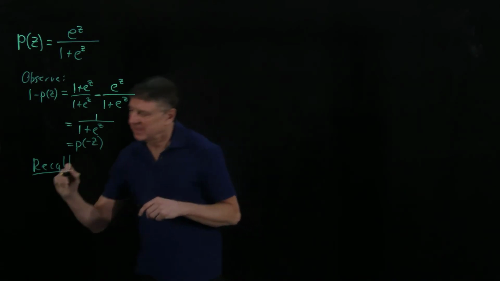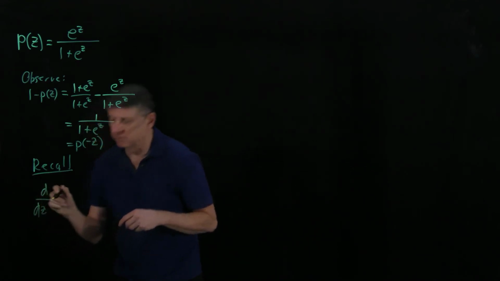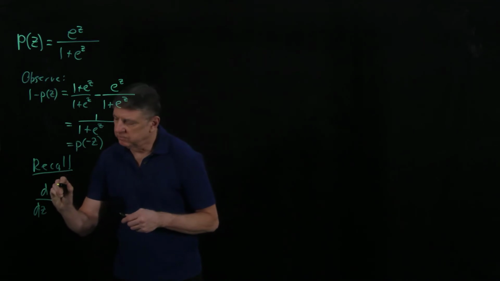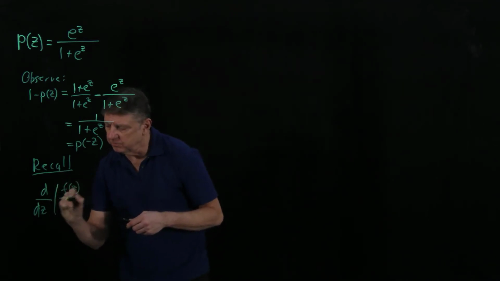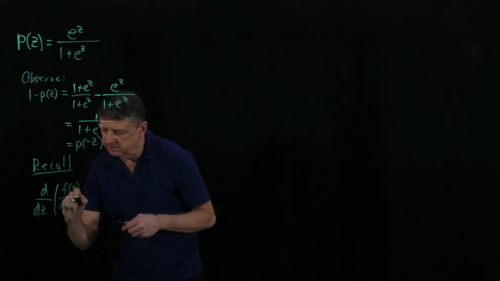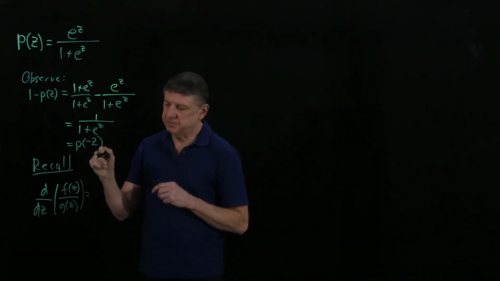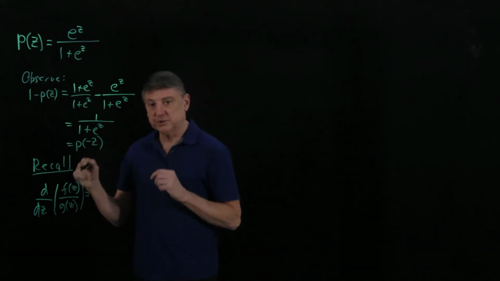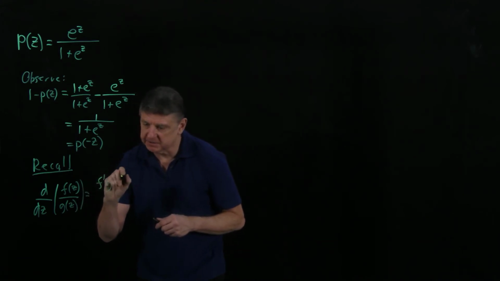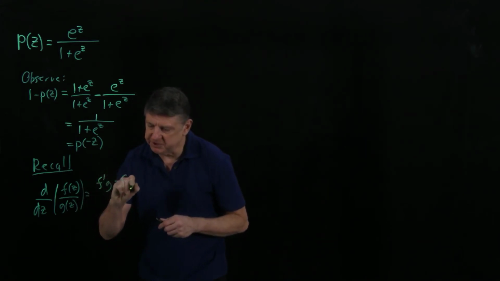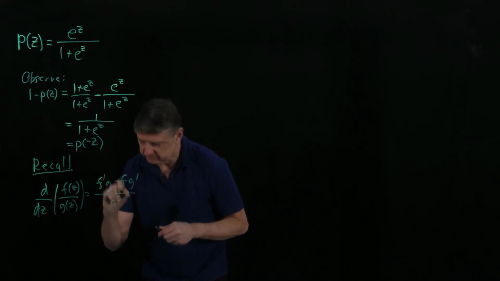I recall it. So the derivative with respect to our free variable z, if I have one function over another function, is f prime g minus g prime f over g squared. So that is f prime g minus f g prime over g squared.